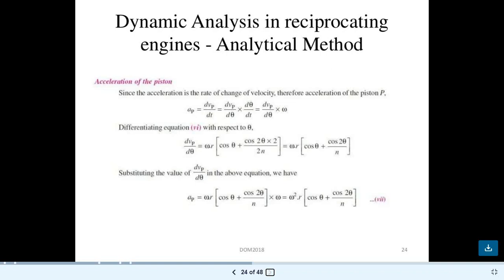Differentiating the velocity with respect to theta, we get omega R into (cos theta plus cos 2 theta divided by N). Substituting in the above equation, the acceleration of the piston is omega square R into (cos theta plus cos 2 theta divided by N).